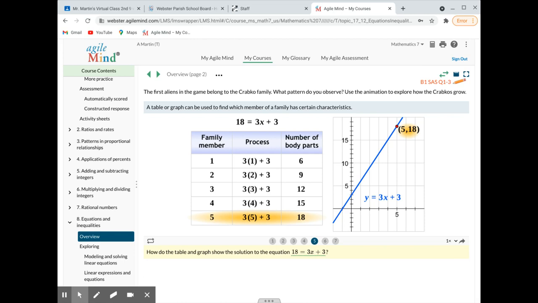So thinking about that, y equals 3x plus 3. If you'll notice, here is our y, and this is our x. If we go to 3, that's 1, 2, 3, right here.